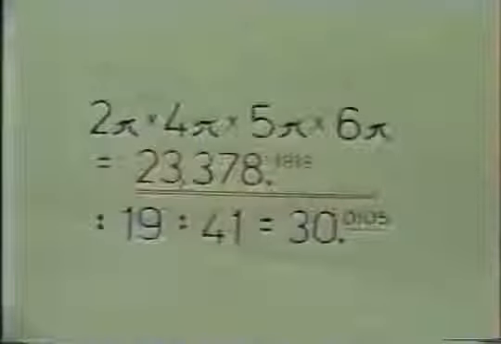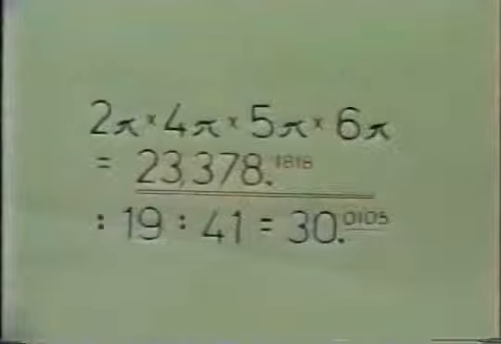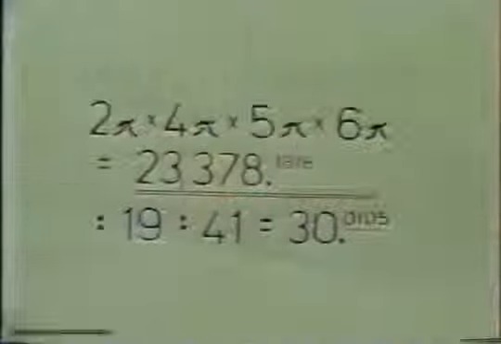In these we find unquestionable meaning, because 19 degrees, 41 minutes, and 30.0105 seconds, in the language of mapping, is precisely where the Sun Pyramid situates on our maps. 19 degrees, 41 minutes, 30.0105 seconds north of the equator.